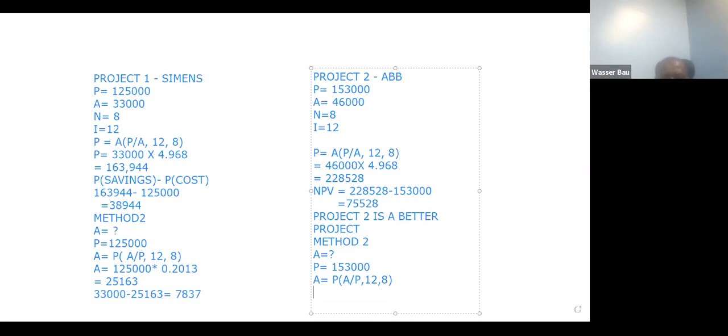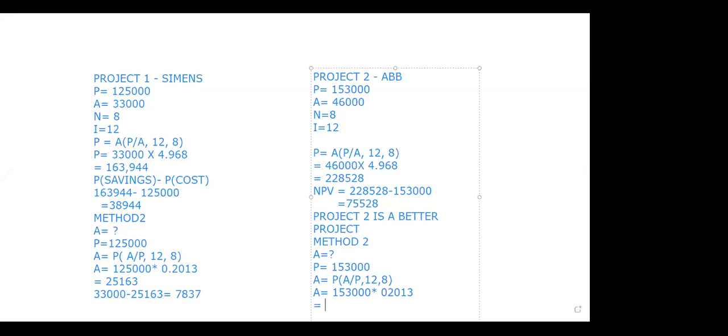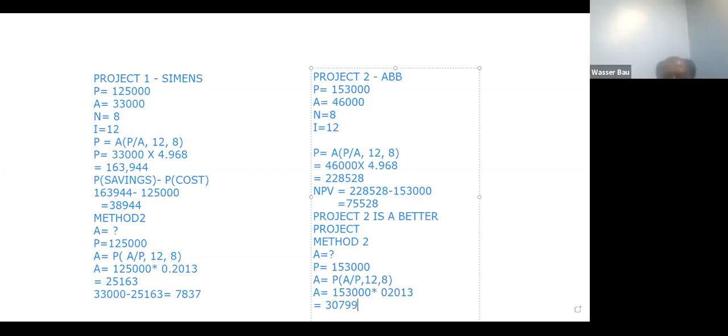Therefore, A will be 153 multiplied by 0.2013. Am I right? That gives you 30,798.9. Let's call it 99. And what is the savings?